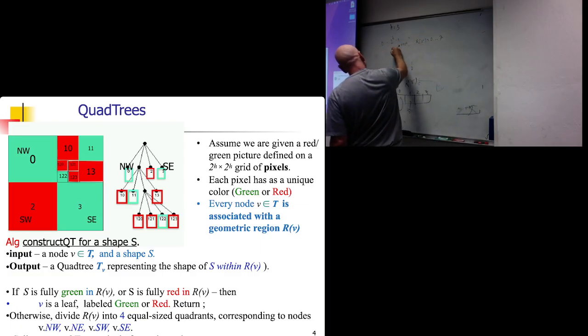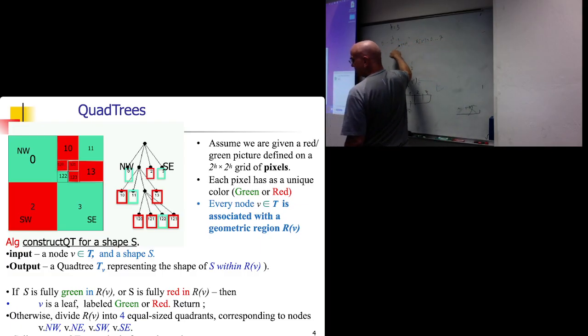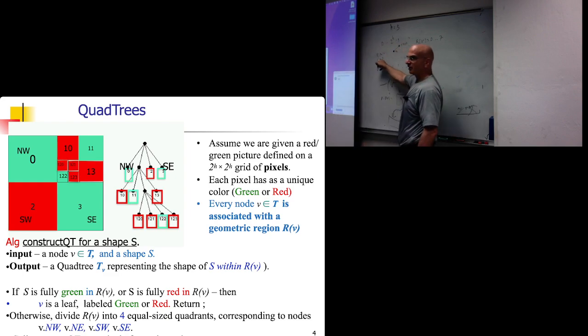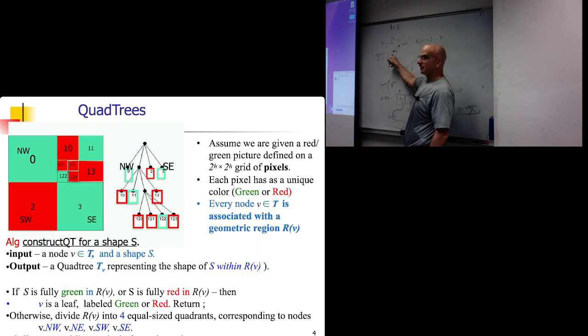Go to the left subtree. The left subtree, U, R of U, are the numbers 0 to 3. There are 4 numbers over here. 0 to 3 would be what the left subtree covers. It's a one-dimensional quadtree, of course.